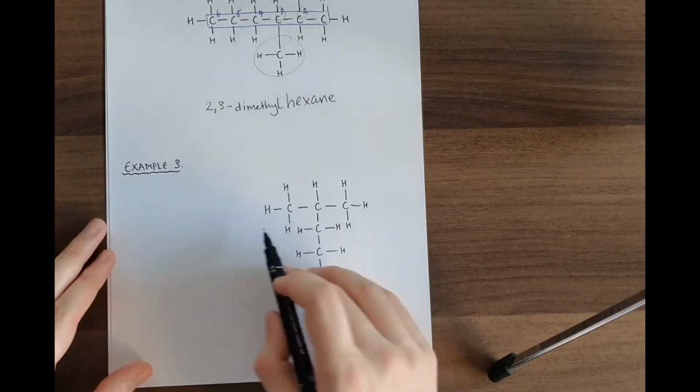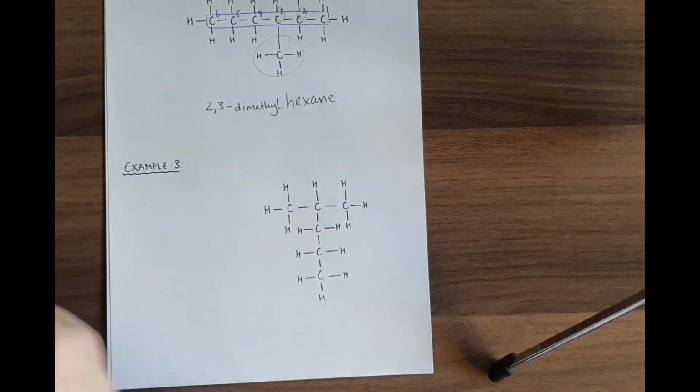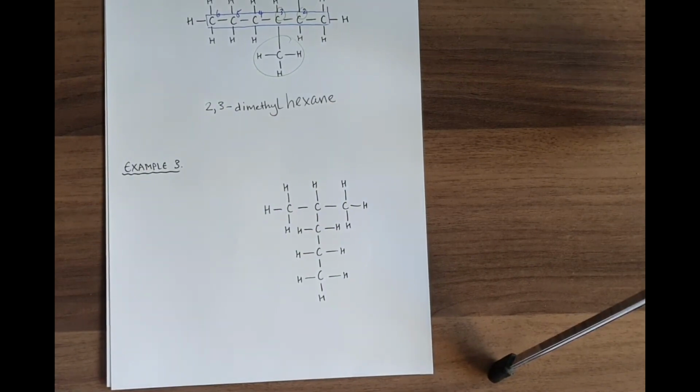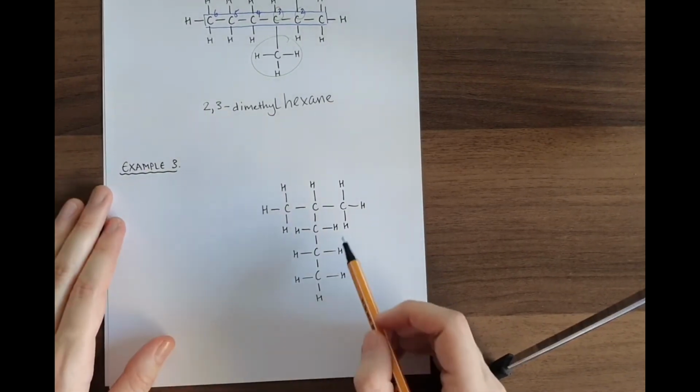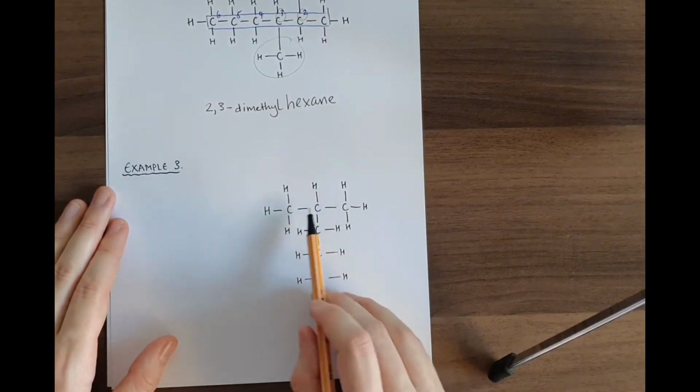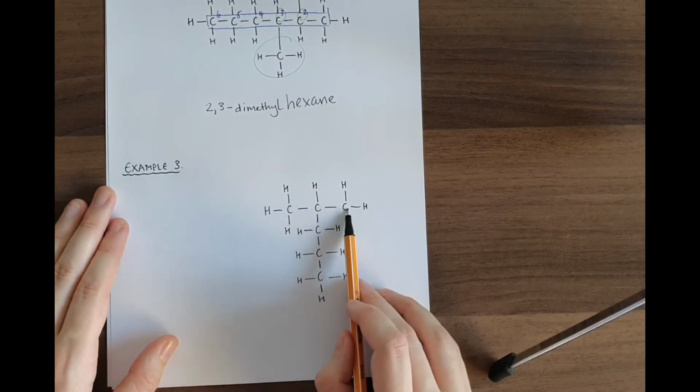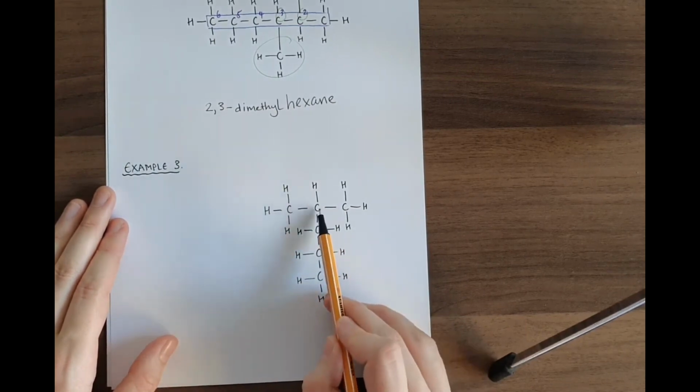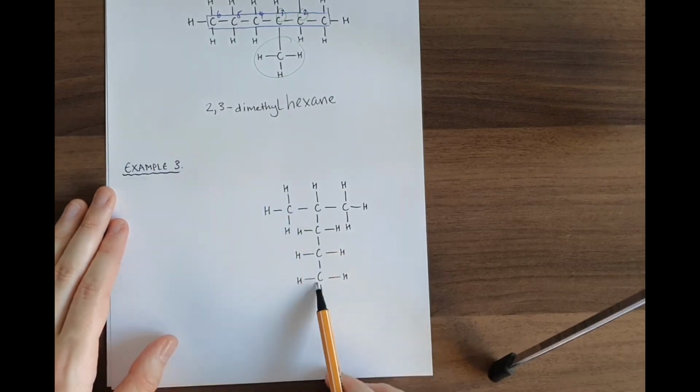But anyway, let's get back to the naming. So we have our longest chain, sorry. Let's see if we can identify that. So we could use our tried and trusted method of going across the way, and we could have 1, 2, 3. That's not really looking like the best option though. Or we could go from top to bottom, 1, 2, 3, 4.